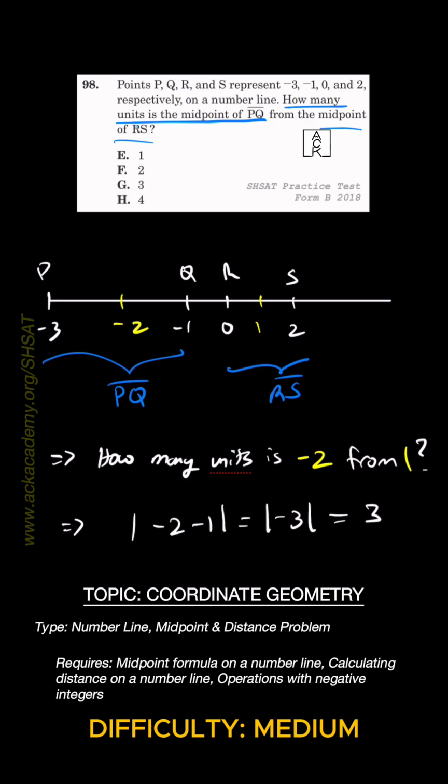So how far from 0 are we? And this is saying -2 minus 1. So if you know the difference formula, you then find the absolute value of that, which will give you the same thing as 1, 2, 3. Okay.